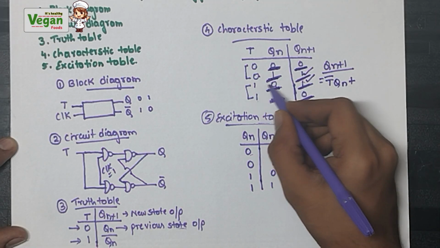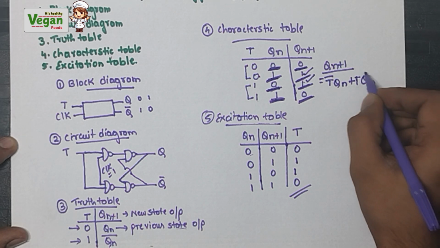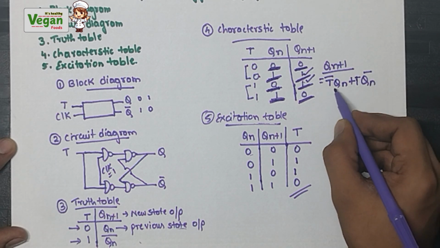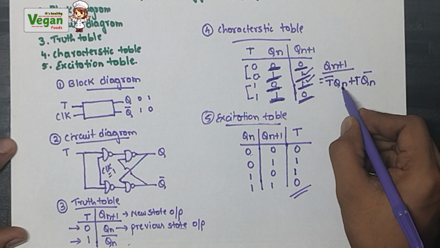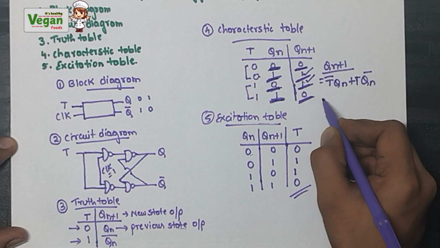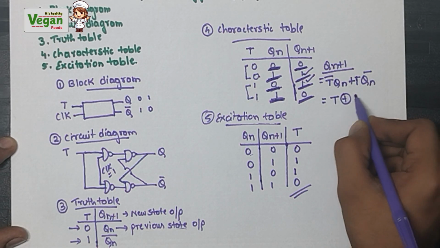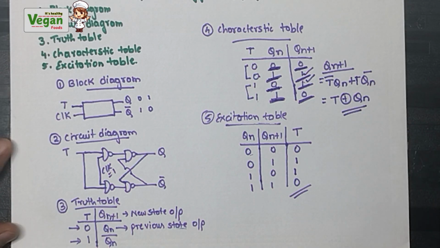Next, here T value is 1 and Qn value is 0, so T Qn bar. Qn bar means complement. So T value is 0, Qn value is 1; T value is 1, Qn value is 0. How can we simplify this? T XOR Qn. T XOR Qn will be the characteristic equation.